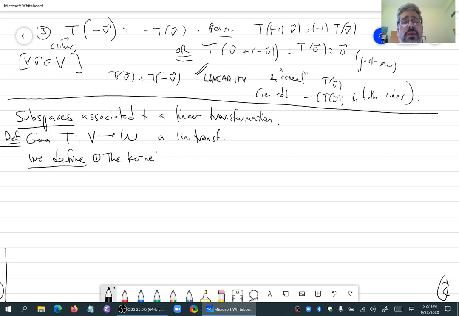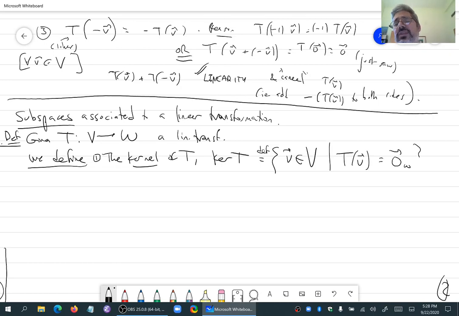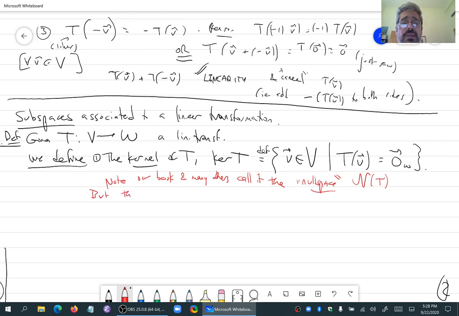So first thing, the kernel of T, which is ker T, to be by definition those v in the domain which T sends to the 0 vector, and I will put of W. And maybe I'll note, our book and many others call it the null space, and the book uses a fancy N of T. But let's say the majority of current mathematical practice is to call it the kernel, which sort of means the little seed on the inside of a fruit or a nut.